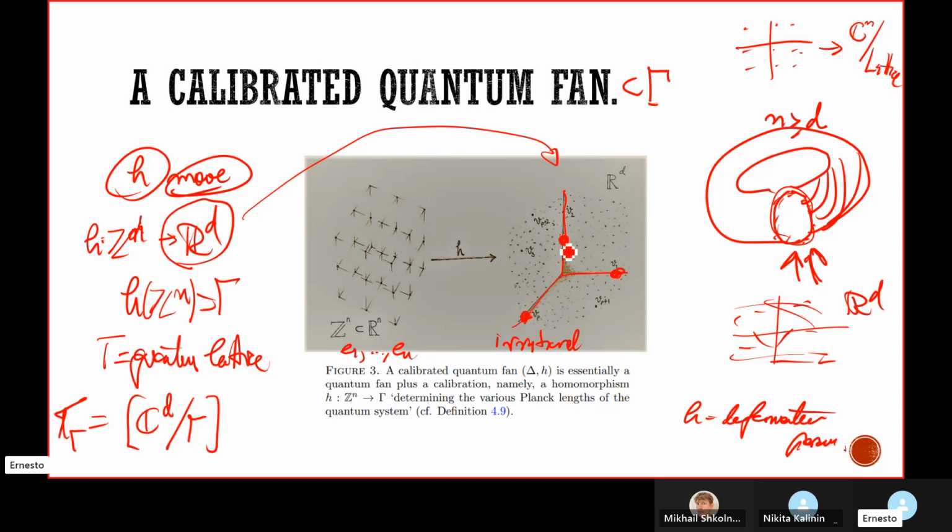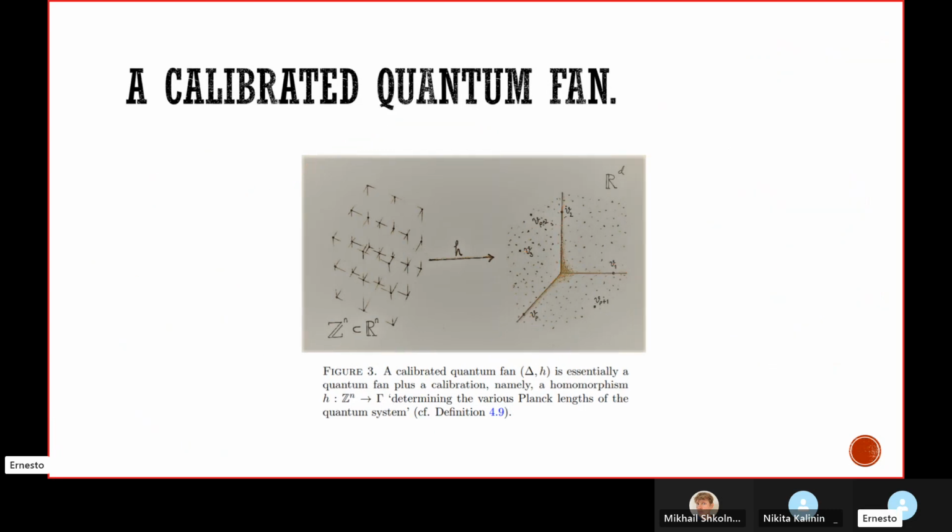The images are my Planck lengths, and I could have more, of course, just not in the one skeleton of the fan, but I have to have some points in the one skeleton of the fan to set my Planck lengths on the various directions. So this is a calibrated quantum fan.